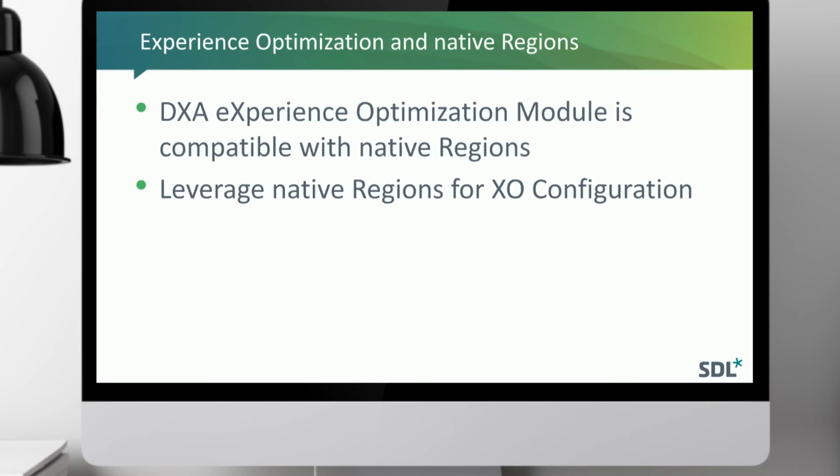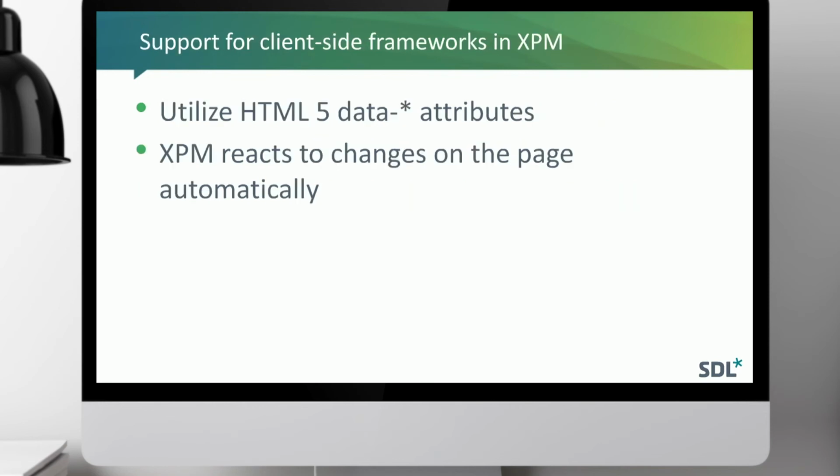So now we have the predefined regions and the region schema. It makes a lot of sense, of course, to make experience optimization pick up these regions defined in schema from CM. But again, that's currently not planned for the 9.0 release.